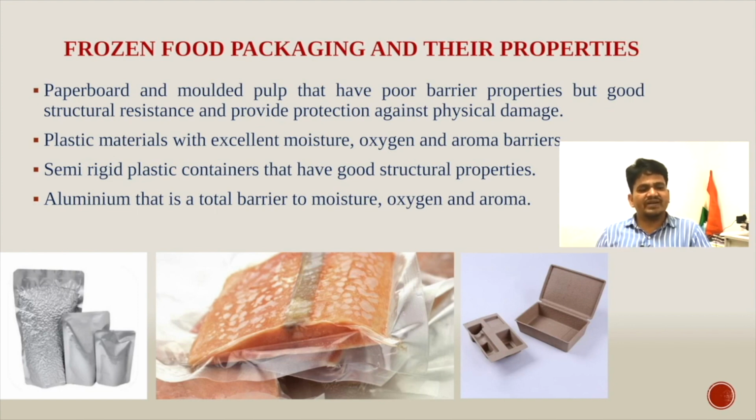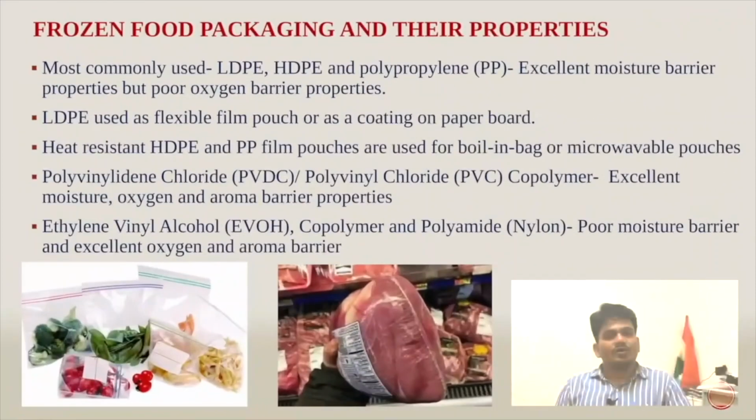Other packaging materials like semi-rigid plastic containers have good structural properties, and aluminium is a total barrier to moisture, oxygen and aroma. Most commonly used low density polythene, high density polythene and polypropylene have excellent moisture barrier properties but poor oxygen barrier properties.